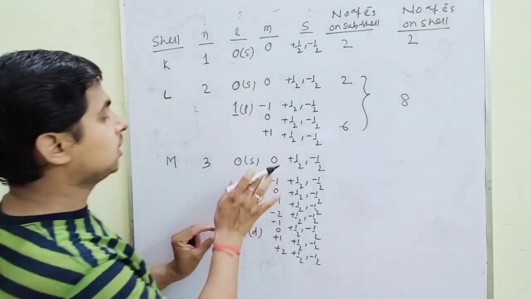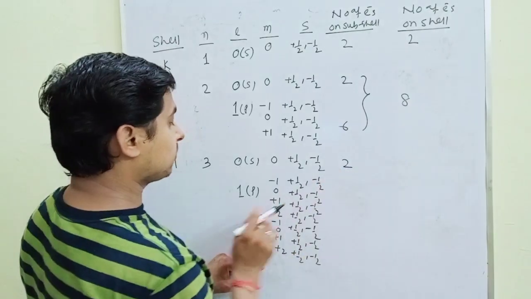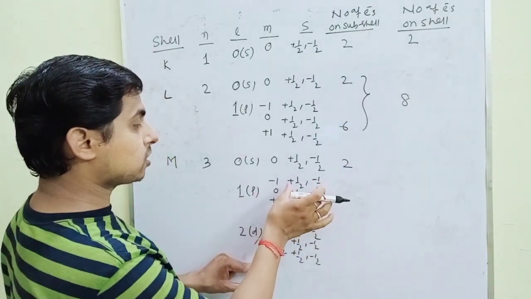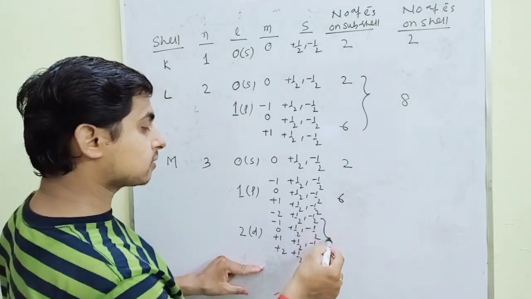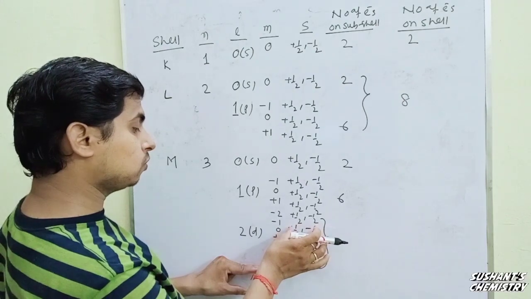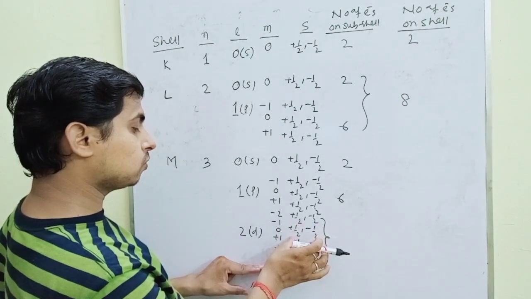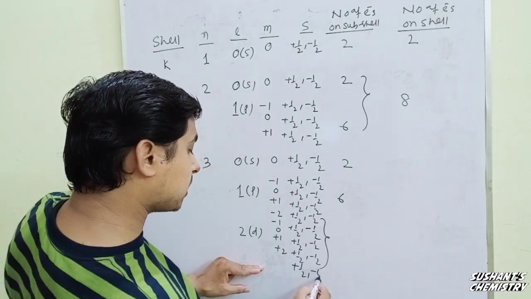This means the S subcell contains 2 electrons and the P subcell contains 6 electrons, 2, 2, 2, that is 6. And the D subcell contains 10 electrons, 2, 2, 2, 2, 2, and also plus half and minus half.